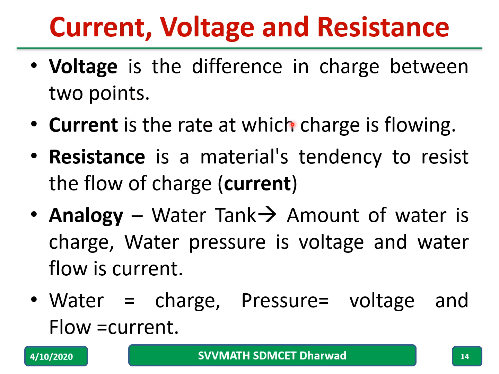Current is the rate at which charge is flowing. Resistance is a material's tendency to oppose, or resist, the flow of charge. Analogy: if I have a water tank, the amount of water in it is the charge, the water pressure is the voltage, and the water flow is the current.